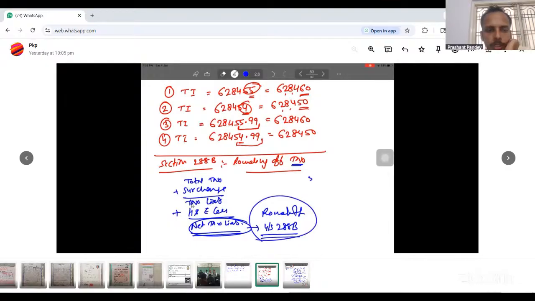So here, once you derive the net tax liability, how will it be rounded off? Again, we follow the same mechanism. If it is 5 or more than 5, we'll take it to the next 10th place. But if it is less than 5, then we will round it off to the previous 10th place. So you have to understand the rounding off mechanism; you need to learn it.